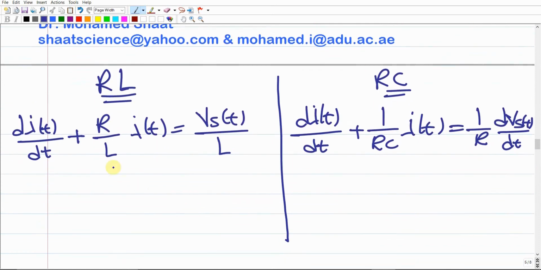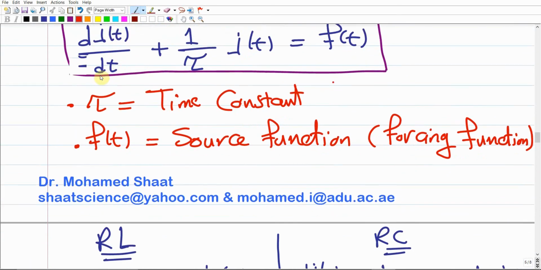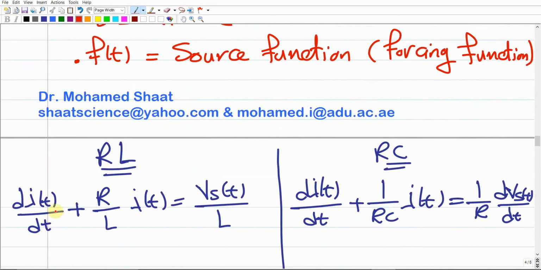So simply comparing this equation to this one, the first term is di by dt in both.